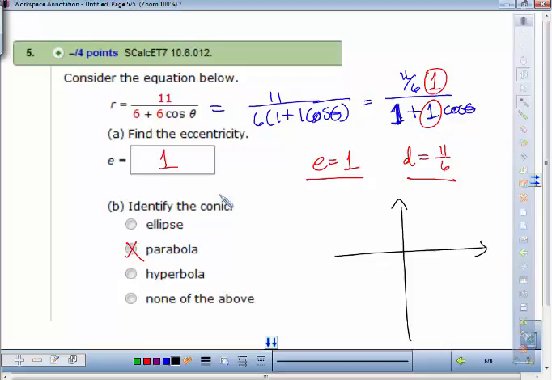And we said that this is a parabola, and this is written in polar form, so it looks like it's going to be a parabola with the focus at the origin, opening to the left. And so our directrix has to be expressed as what? x equals, positive or negative? Positive 11/6.